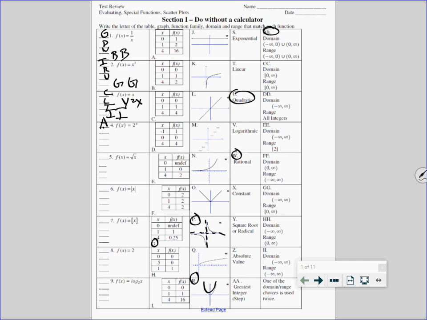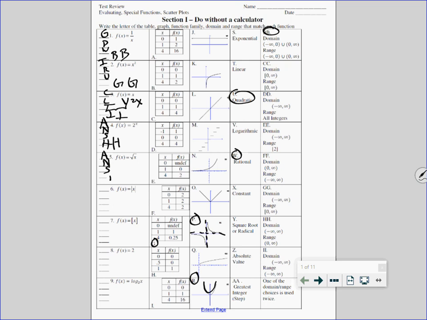I'm just going to show you the rest of these. This one is the logarithmic function. This number 5 is the square root function, so I can't put in negative values.